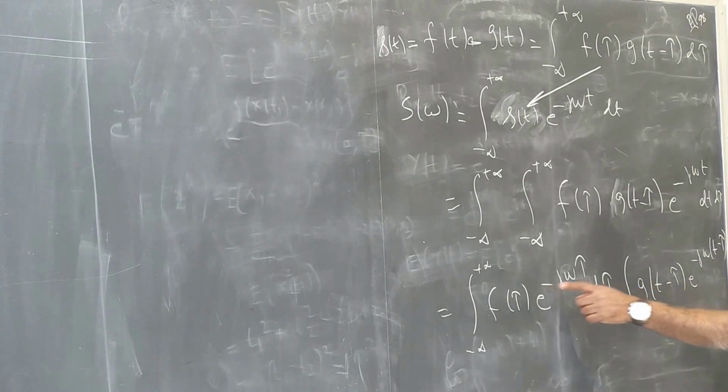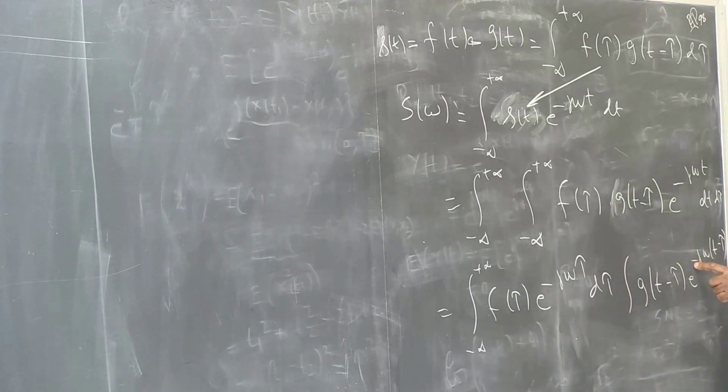Look, I introduced minus j omega tau, but there is a plus j omega tau, so it goes away. So you are back with one term, but this is on t minus tau. So if I define a new variable u, this will be u, this will be u. So you see two different variables. This is dealing with tau, this is dealing with u.